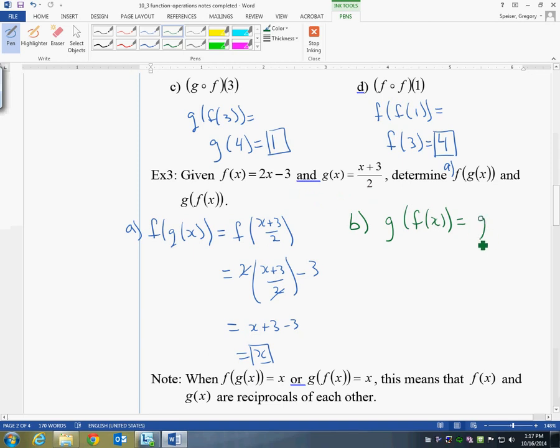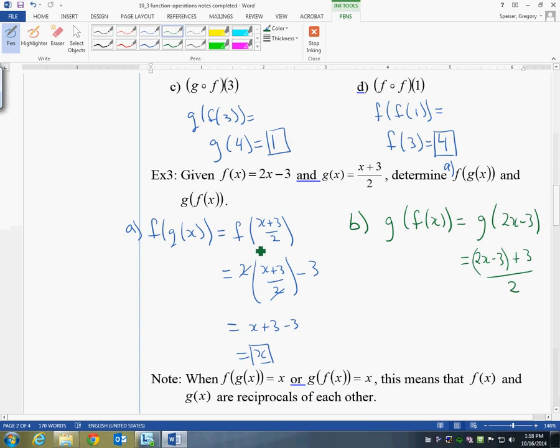So this is going to be equal to g at 2x minus 3, which is equal to, now looking over at g, wherever I see an x in here, I'm going to substitute 2x minus 3. So it'll be 2x minus 3 plus 3 all over 2.